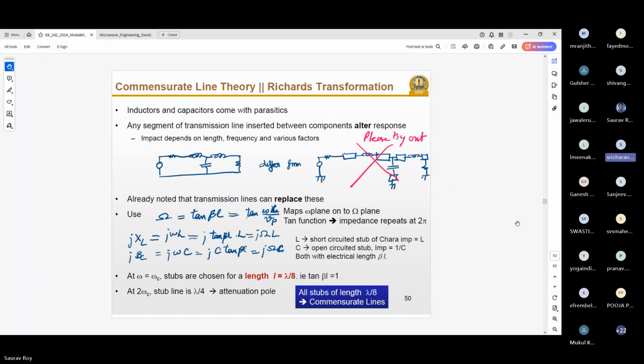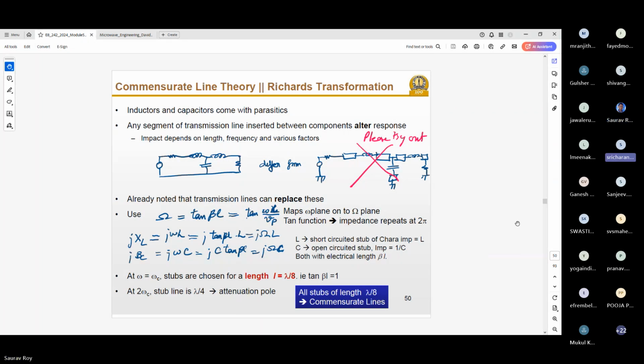One doubt: you said the characteristic impedance of the line will be equivalent to the inductor value, so we have to choose it such that. But normally an inductor will have reactance j omega L, as you said.